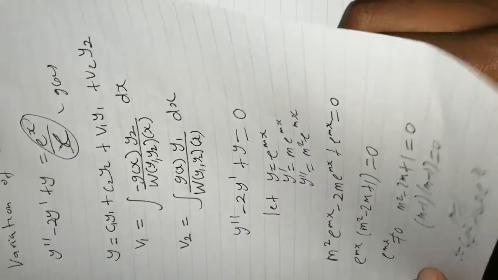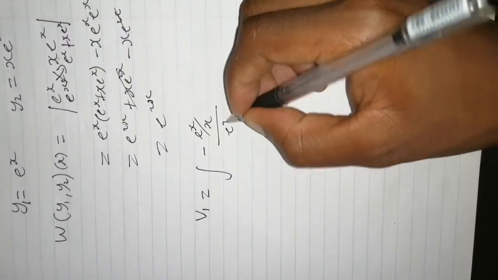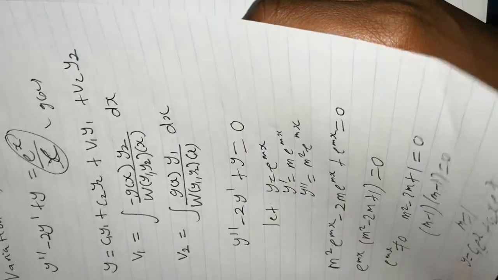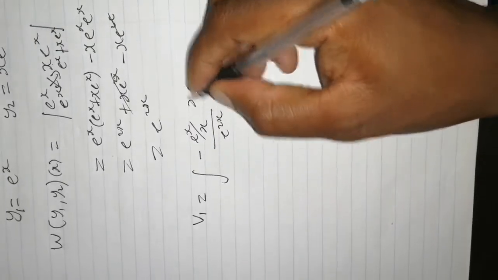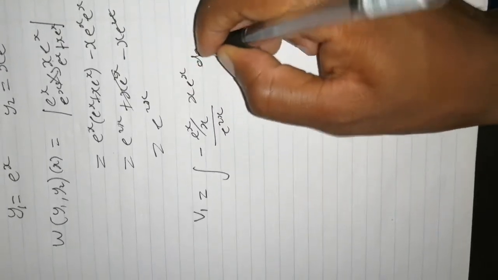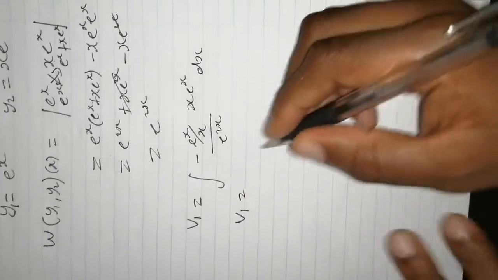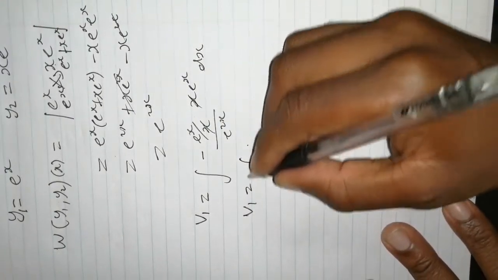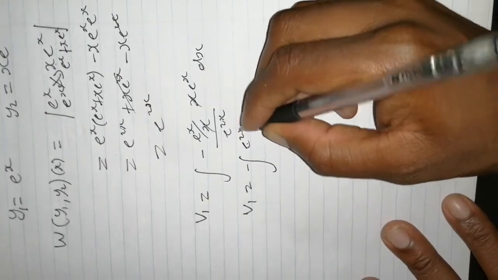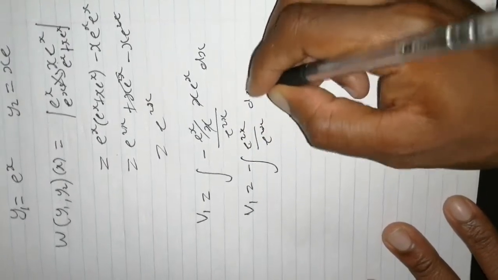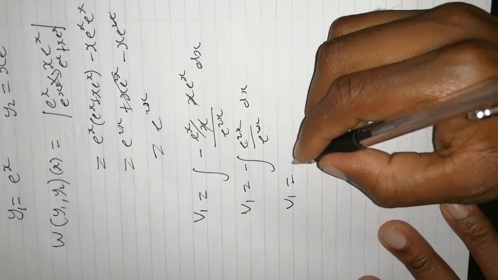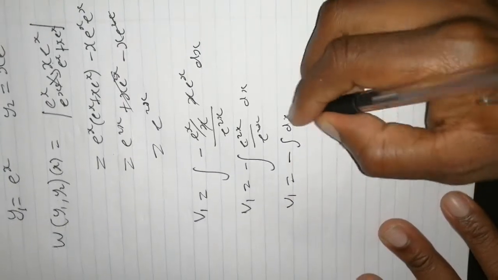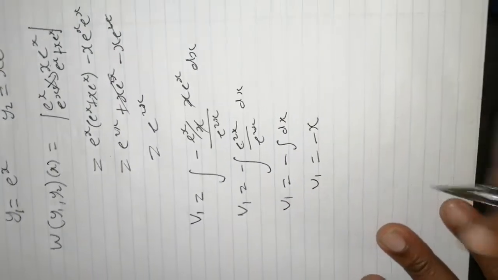Where there is the Wronskian, you put e to the power 2x, and then where there is y2, put x e to the power x, dx. So this is just v1. After some simplification, this is negative e to the power 2x divided by e to the power 2x, so the integral of negative 1 gives v1 equals negative x.